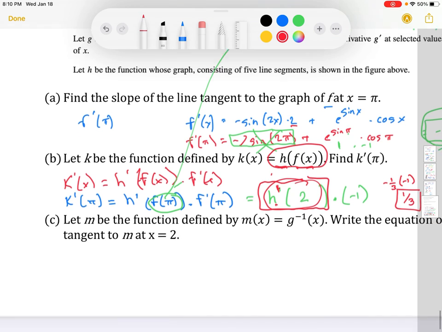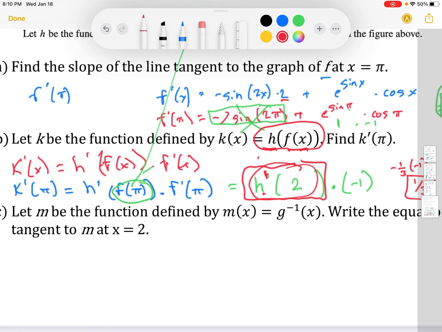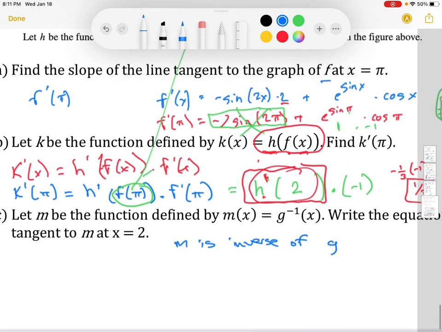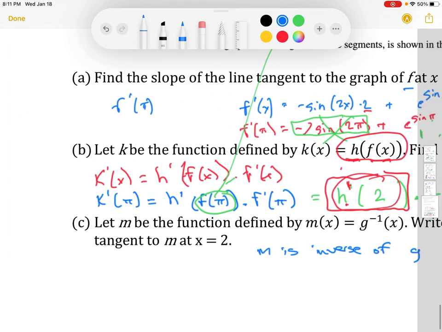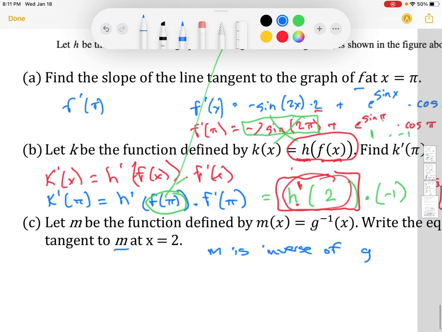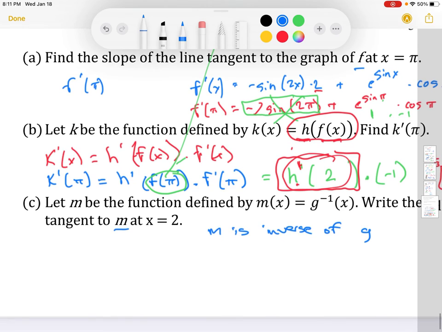All right, last but not least, looks like I have an inverse. It says that m, or another one, m is the inverse of g. So m is inverse of g. So how does that work? Well, it says here to write an equation of a tangent line for the inverse at x equals 2.